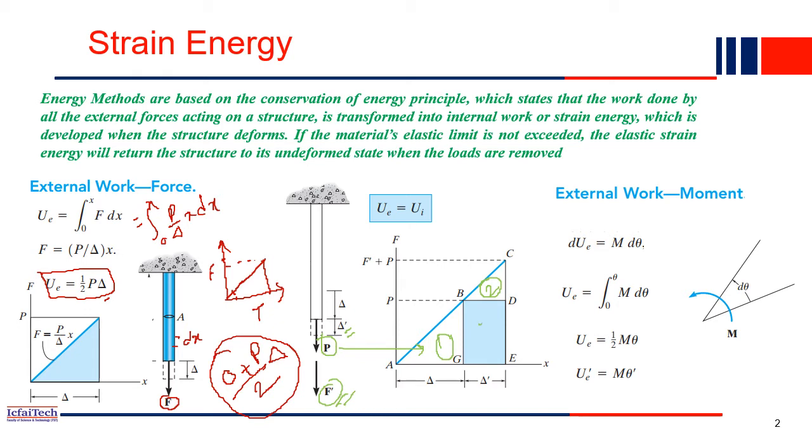And this shaded portion is the work done because of the earlier load P, although the deflection happened because of F dash. So total area under this triangle, this entire area, is nothing but the external work done by the forces.